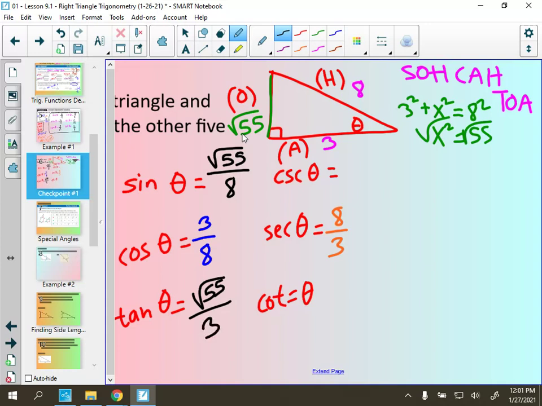What makes this one even just a little bit, one additional piece, is when I go to flip these, because that's not changing. I'm going to flip the 8. So the reciprocal here for cosecant is going to be 8 over the square root of 55. And then, whoops, I wrote this one all goofy. The cotangent of theta is equal to 3 over the square root of 55.